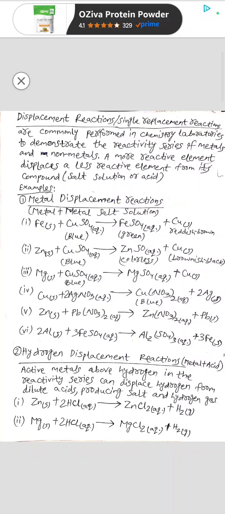Another example is zinc plus copper sulfate. Zn plus CuSO4 gives rise to ZnSO4 plus Cu. Here also color change happens. The blue color of copper sulfate solution changes to colorless because zinc sulfate is formed. Another example is magnesium, Mg plus CuSO4 gives rise to MgSO4 plus Cu.